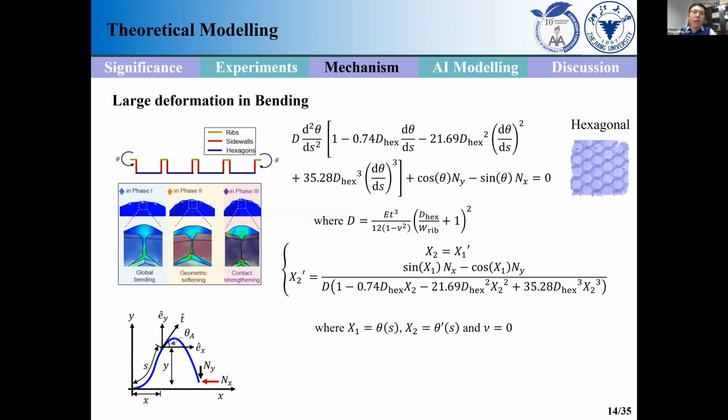And so here is the theoretical modeling for the large deformation bending. So we have this Darwin equation, and after solving it, we have this nonlinear, non-monotonic moment curvature relationship. And this relationship explains why our plates can fully recover after large deformation.